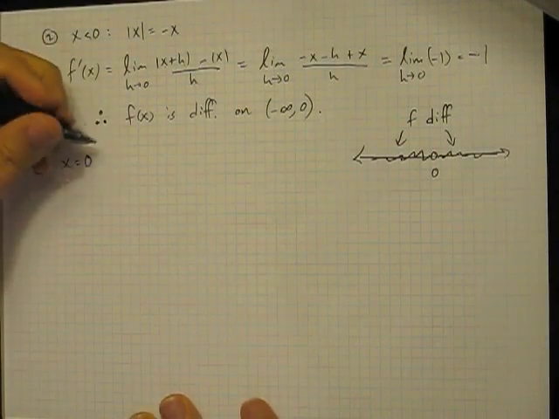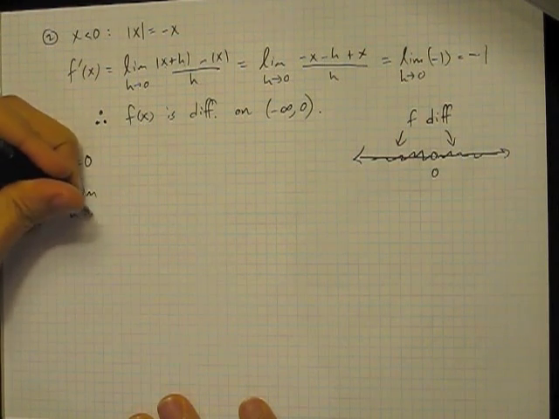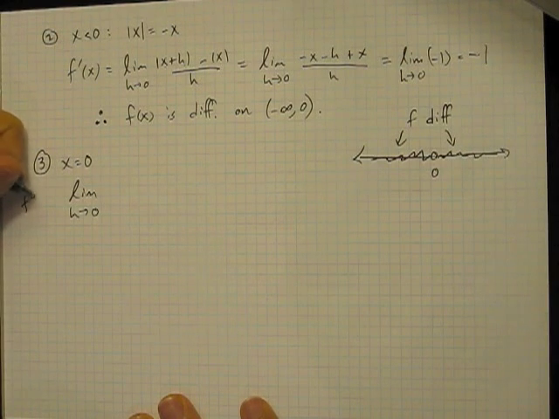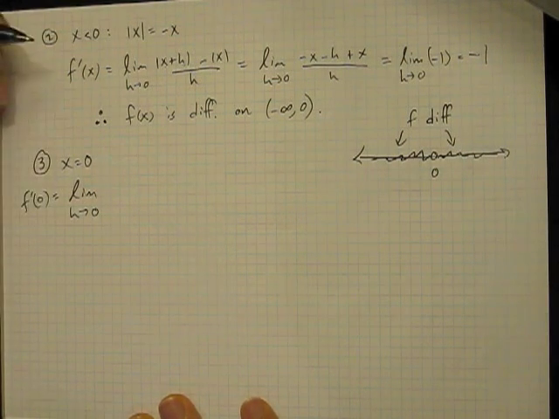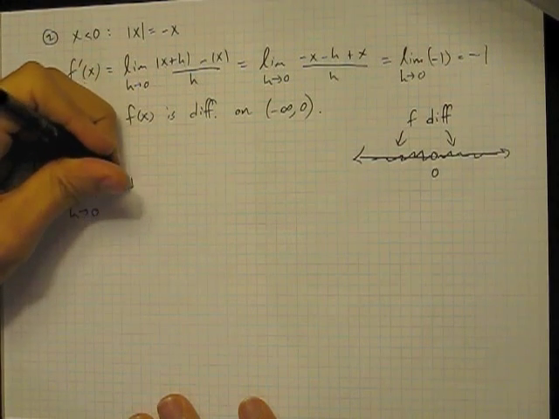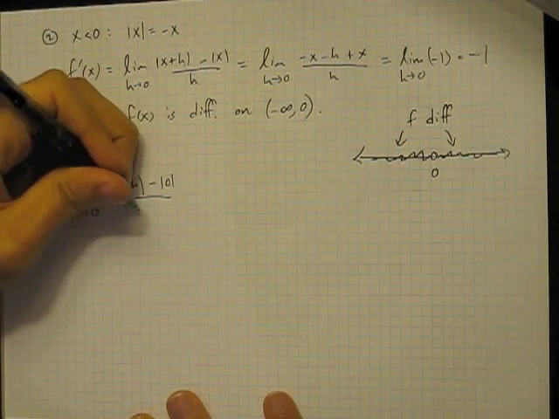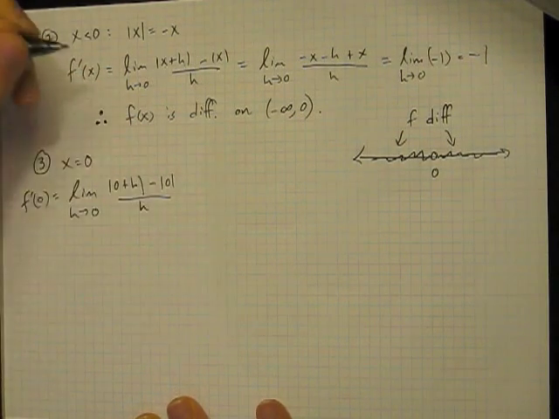So we're looking at the following question. The limit as h goes to 0, so f prime of 0, and we're checking to see if it exists, is the absolute value of 0 plus h minus the absolute value of 0 over h.